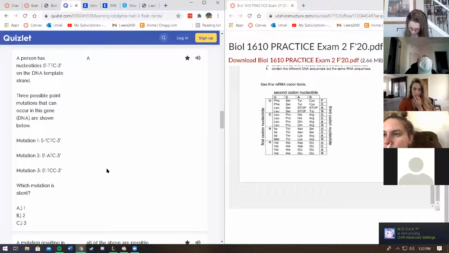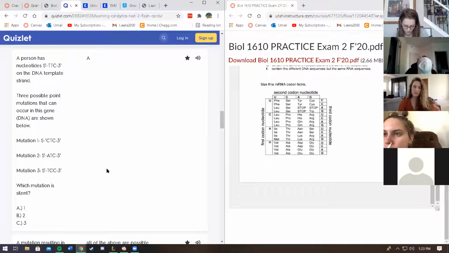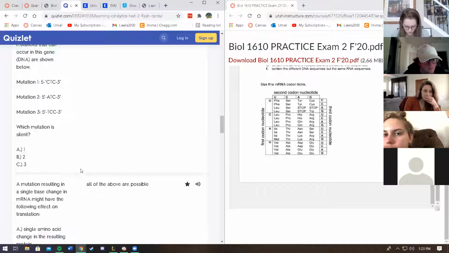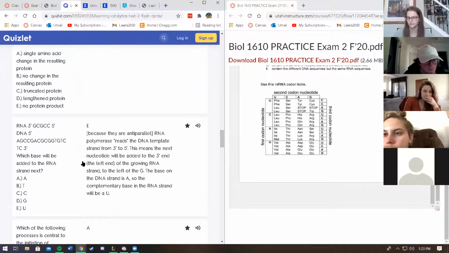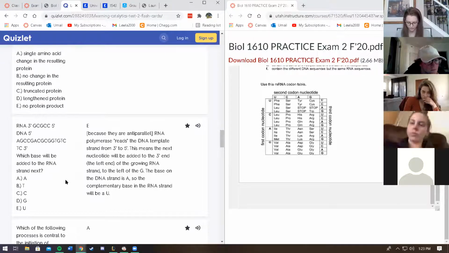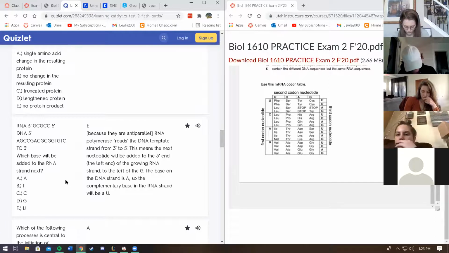Oh, okay. So then that one would be the missense, and then the AGG would be, I think, the silent mutation. Letter A would be the silent mutation.